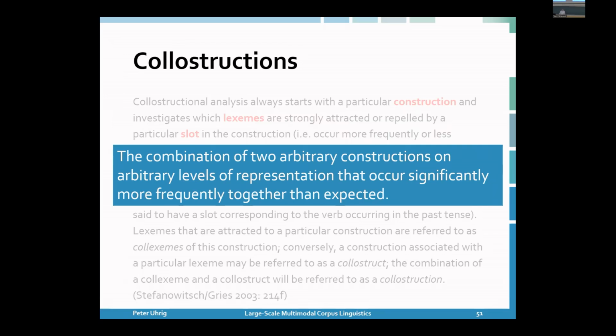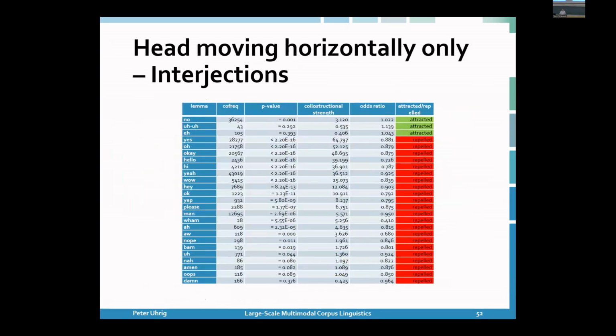But it still works surprisingly well with a few caveats. If we're looking at head moving horizontally, actually I excluded anything where the computer said it's moving both vertically and horizontally, which is a lot of cases because people sometimes tilt the head and say something, do something like this. Then the computer says, oh, I found it in both directions.